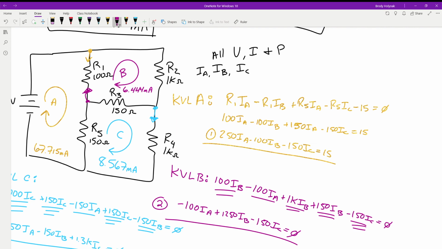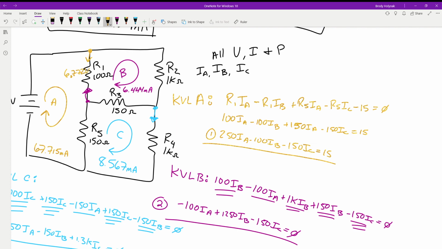So now we have to go through and solve for each of these voltages across these guys. So R1, looking at just current A, what's the voltage that we have across R1 from current A? Yep, so we got the 6.772 volts.